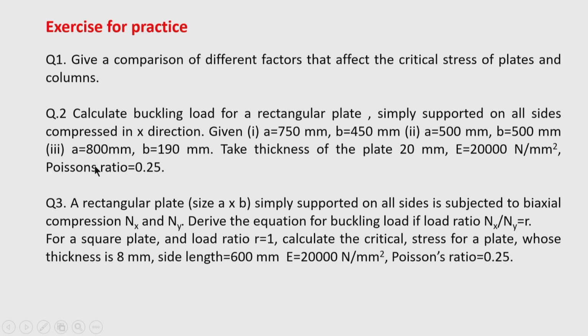In the third case, A is 800 mm and B is 190 mm, and here also the A by B ratio is greater than 4, and this is termed a long plate. For a long plate, the A by B ratio is greater than 4, and again the critical stress coefficient is 4. So we can calculate the critical stress for those cases.